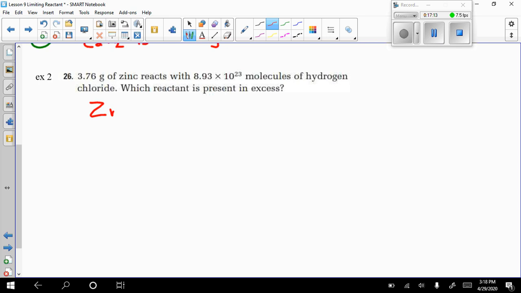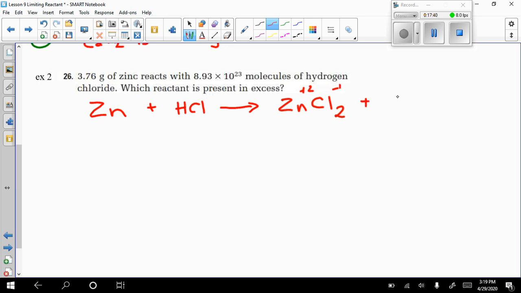So we've got zinc, and zinc can exist on its own, so it's just Zn, plus hydrogen chloride, HCl. And I know using my activity series that the zinc will knock out the hydrogen, so it's going to make zinc chloride. Because of their charges, this one is a +2 charge, this one's a -1 charge, so I do a crisscross.